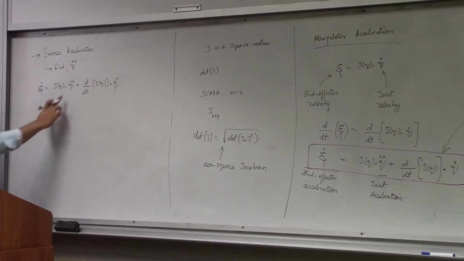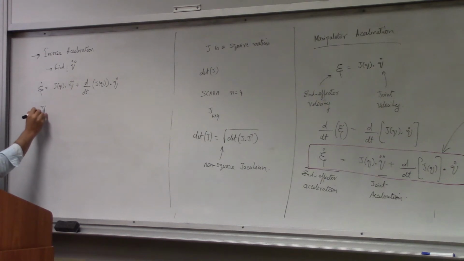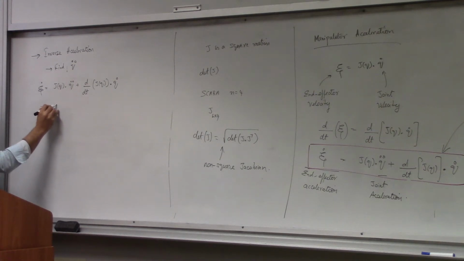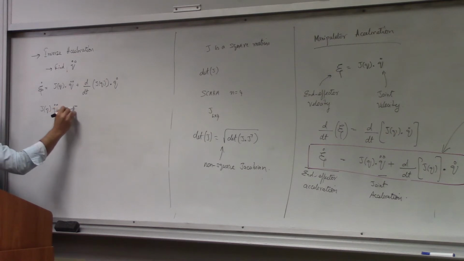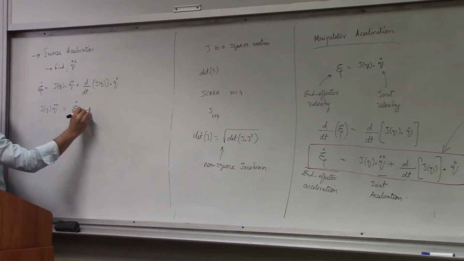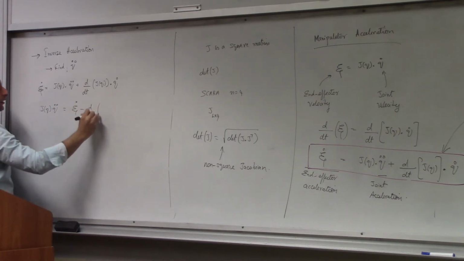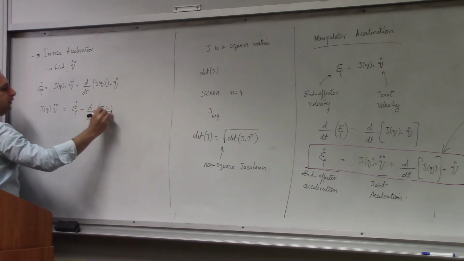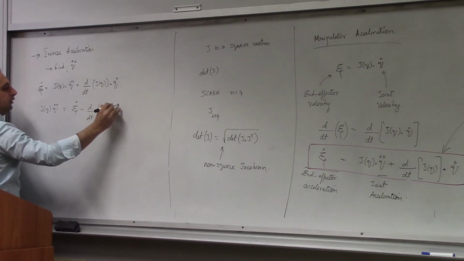Now if I want to find q double dot, then J of q times q double dot will be equal to eta double dot minus d/dt of the Jacobian times q dot.